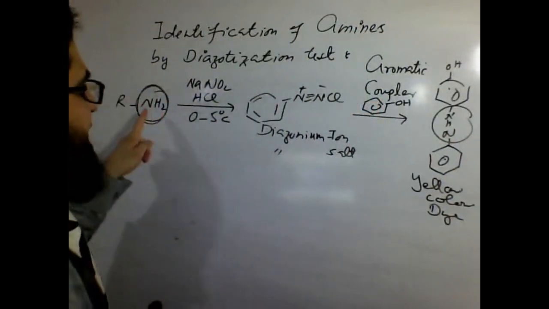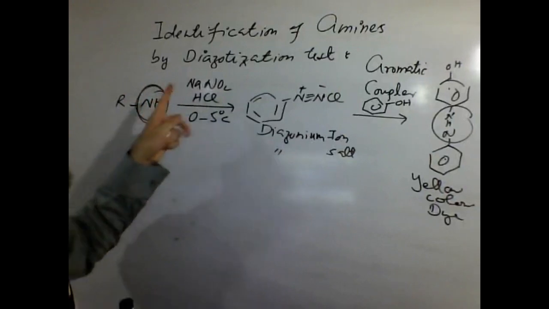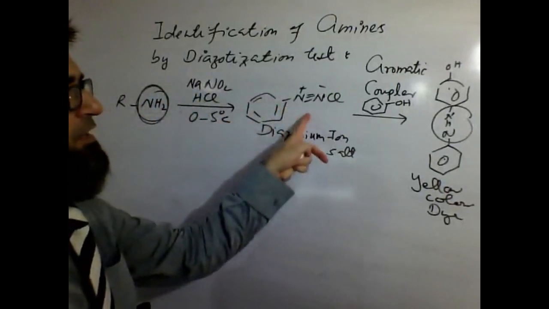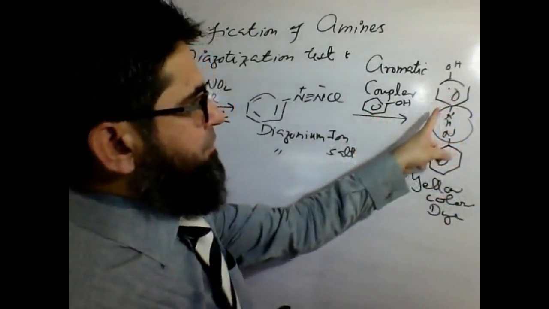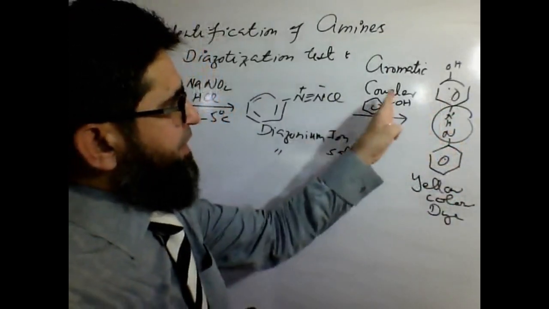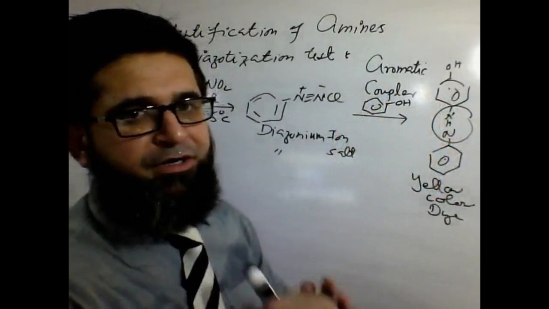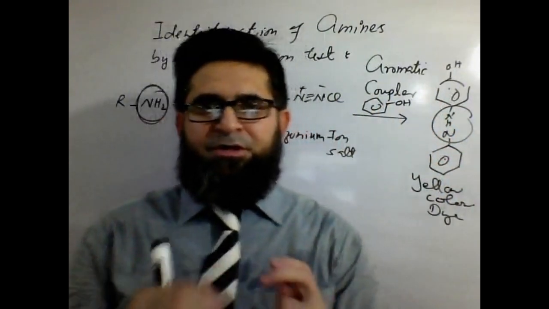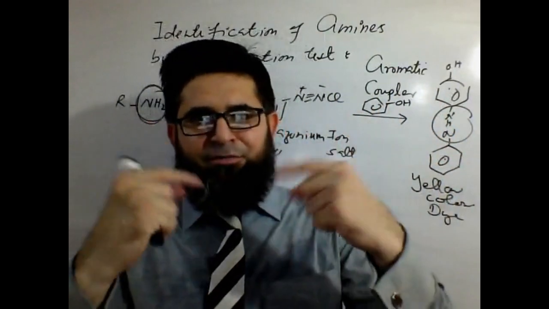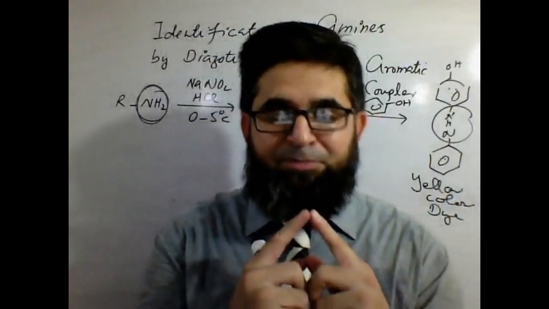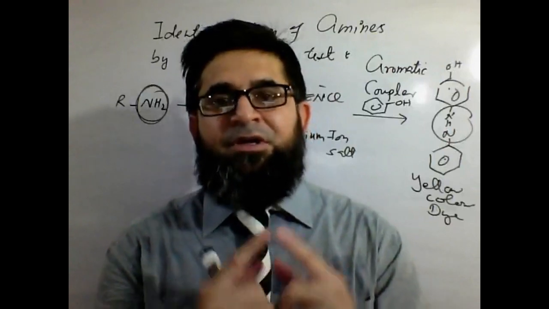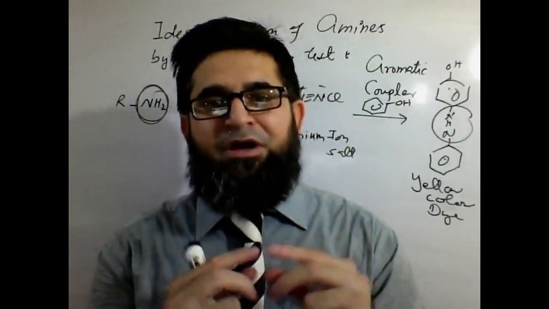If the amine was there, it would have undergone diazotization, and then subsequently a coupling with any coupler under the electrophilic substitution mechanism, as I've explained in my last lecture. That is the preparation of diazonium salts, the chemistry of diazonium salts, a mechanistic aspect.